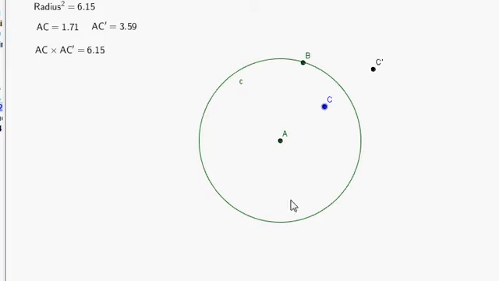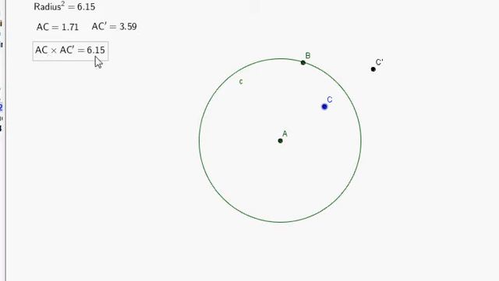Okay, so I have a circle here. The center of my circle is called A. It's just a label for the center, and the distance from A to B would be the radius of the circle. If you square that, you get 6.15 for this specific circle. So r squared is 6.15. Here's a point C. I've computed the distance from A to C, which is 1.71, of course rounded off. And then from A to C prime is 3.59.